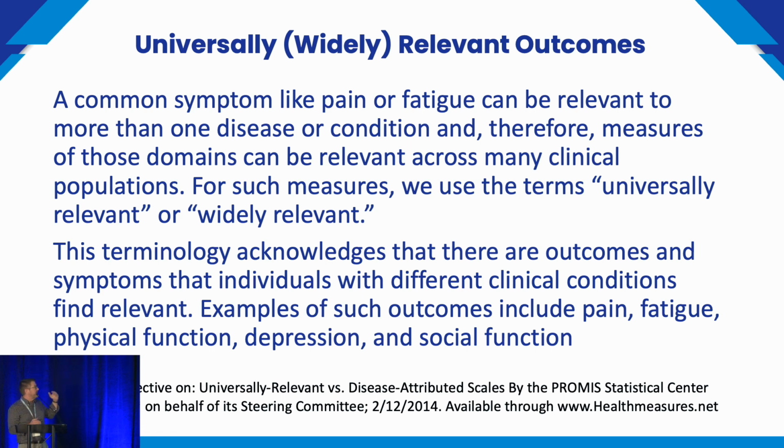Okay? And therefore, if you had a definition that could embrace this concept that would apply across all of these conditions, you would really have a very ideal measurement system that could be used so that you wouldn't have to create a separate instrument for fatigue in multiple sclerosis and a separate instrument for fatigue in lupus and a separate instrument for fatigue in rheumatoid arthritis, because fatigue is a general concept that applies across different chronic conditions.